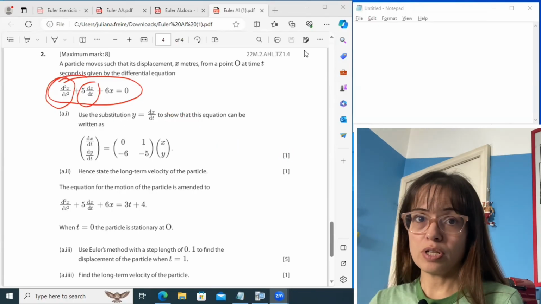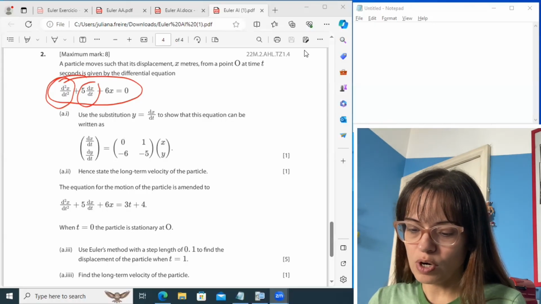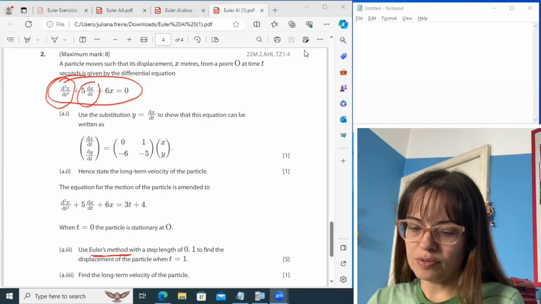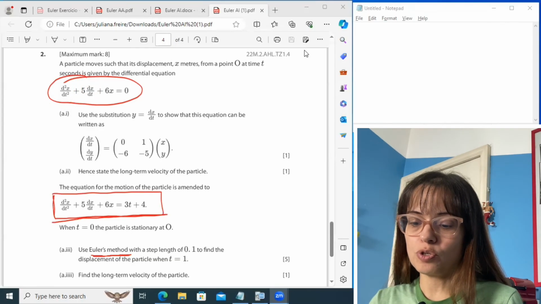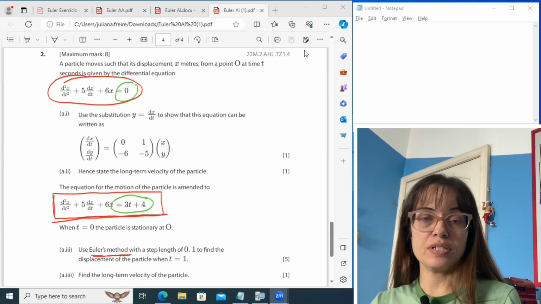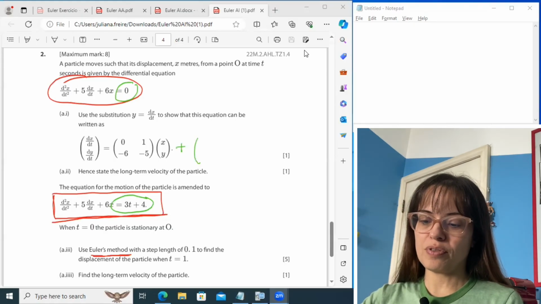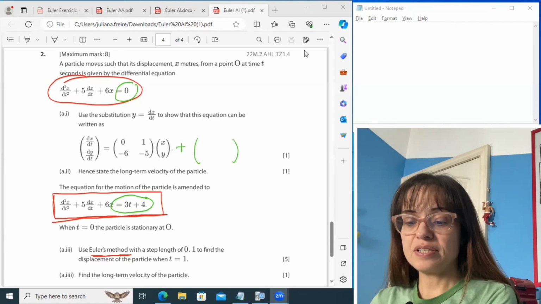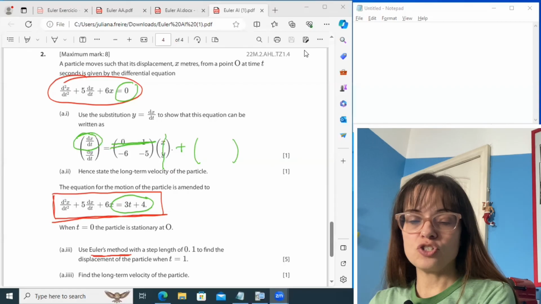But that's not the equation that he is going to ask us to use Euler's method in. He's going to ask for Euler's method in this equation here, which has a slight difference to the original one because now the right-hand side is 3t plus 4 instead of being 0. And the thing is that you need to know exactly where you are going to put that 3t plus 4, because this first line of the matrix that just says that dx/dt is y, that can't change.